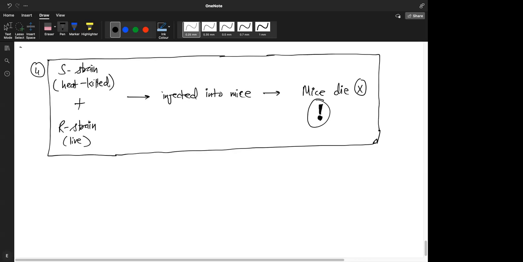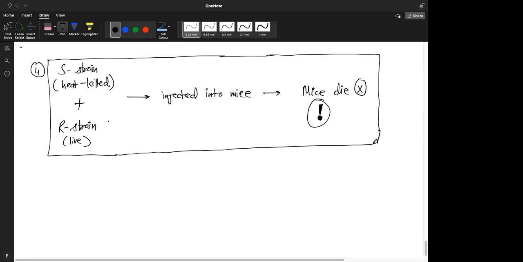I think that is very non-biological. You cannot make something come back to life once it is dead, but the other way around is possible. This S strain, which was heat killed, still had something in its cell which could be transferred to the R strain. And so the R strain became virulent, because R strain was alive.